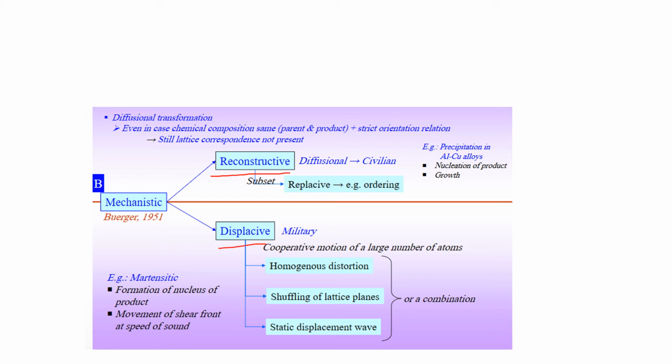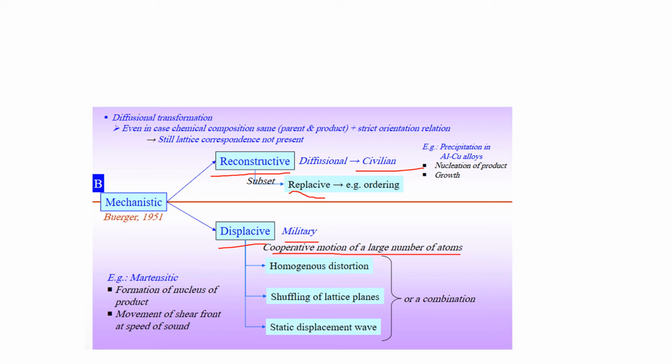Reconstructive transformation is replacive, like civilian, and the displacive is military, in which a cooperative motion of a large number of atoms is present.